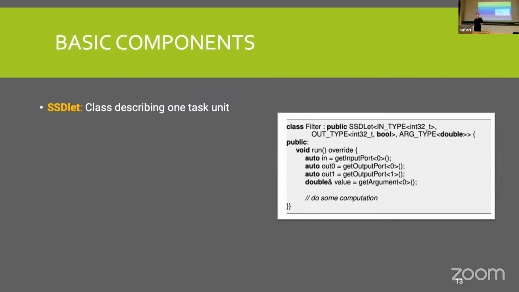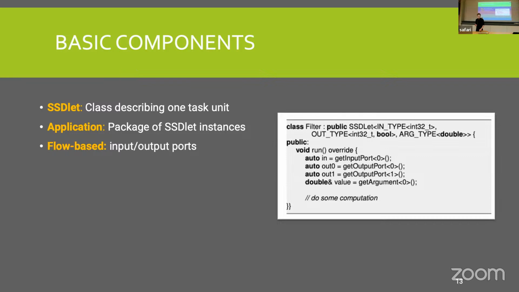You could imagine another class, like a factorial class, where you compute the factorial of some number, etc. By having this class, you can then create task instances that perform this defined task. Another class is the application, which basically packages a bunch of SSD-let instances into one. So it's another layer of abstraction. And the entire thing is flow-based. The programming model is flow-based.